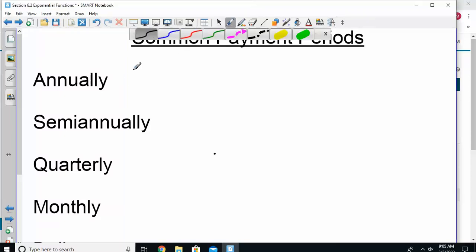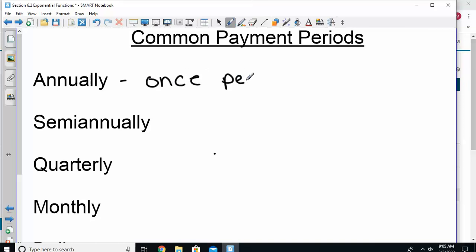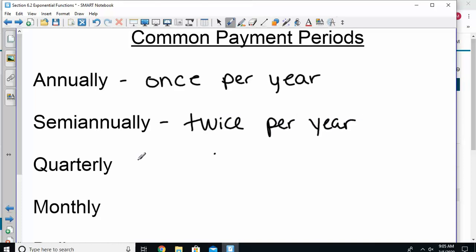So if I say annually, what does that mean? Yearly. Once per year. What's semi-annually? Every 2 years? Twice a year. Actually, twice a year. Quarterly.